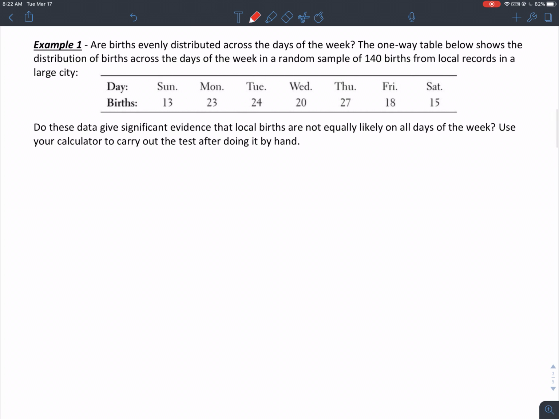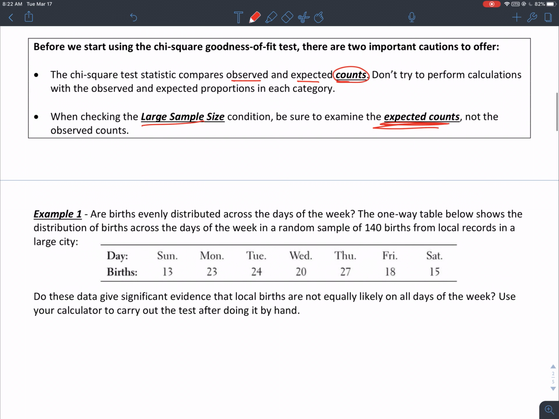Let's do one. Let's do a chi-square test for goodness of fit. So think again how this works. I drew this picture for you last time. Here's my population. Okay, whatever the population is, then I have a categorical variable, and the categorical variable has certain categories.